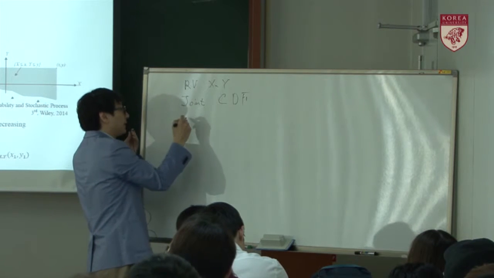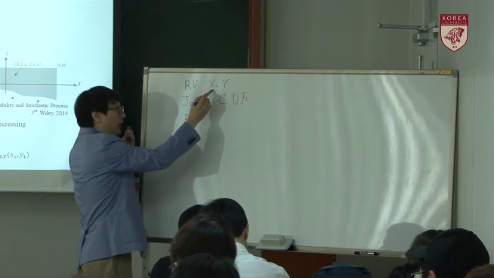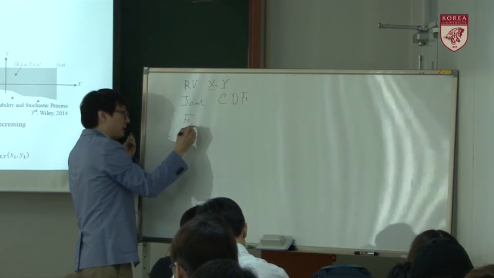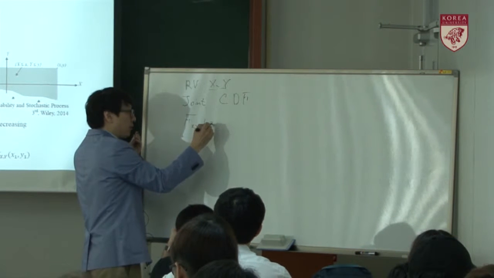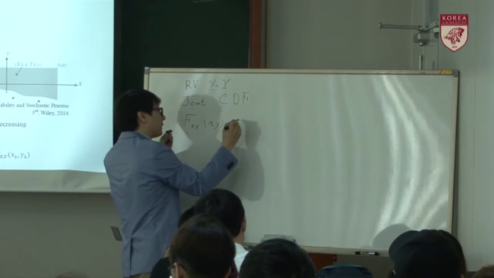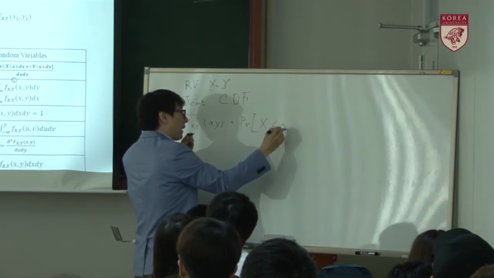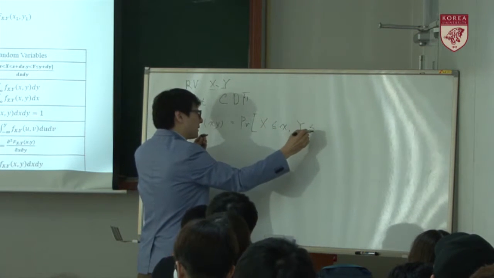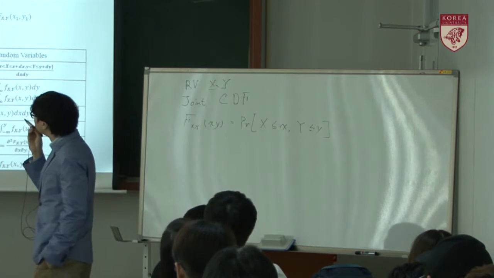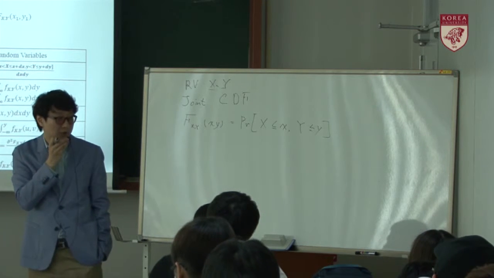We denote it with a large F, and because it's between x and y, in the subscript we use x and y, and it's a function of small x and small y. It is defined by the probability that random variable x is less than small x and random variable y is less than small y. This is the definition of the joint cumulative distribution function, or joint CDF.